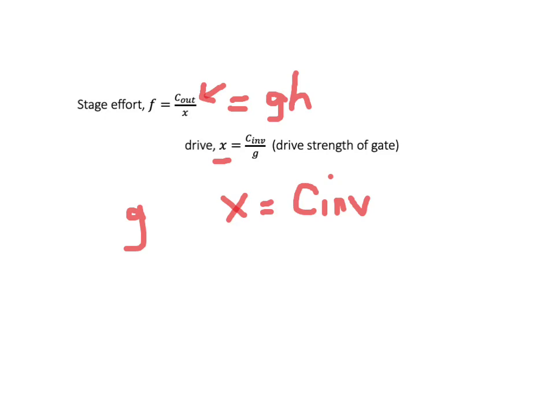So the drive strength X has a maximum value of the inverter input capacitance, and let's say for an equivalent NAND gate of an equivalent width, the drive strength would be less than C inverter, which means that the NAND gate actually has less ability to drive the capacitance of the output load.